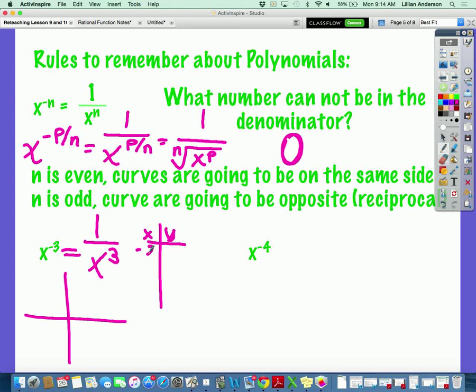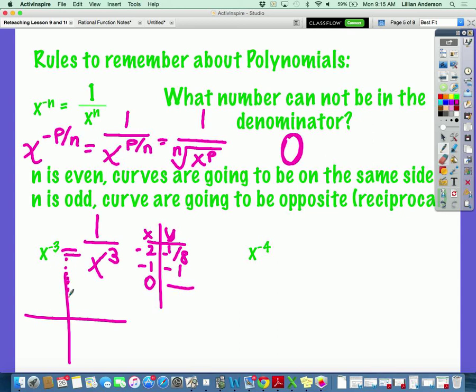Quick table: when I plug in negative 2, what's negative 2 to the third? So this is a negative 1/8. What about when I plug in negative 1? It's negative 1 to the third power. So this becomes a negative 1. When I plug in 0, it is undefined.